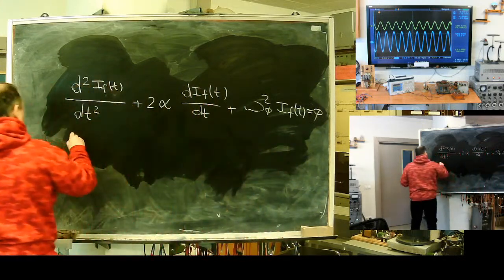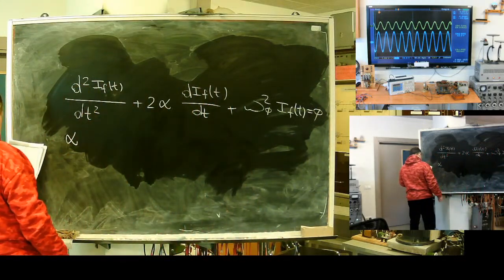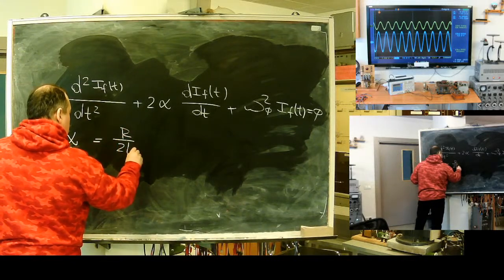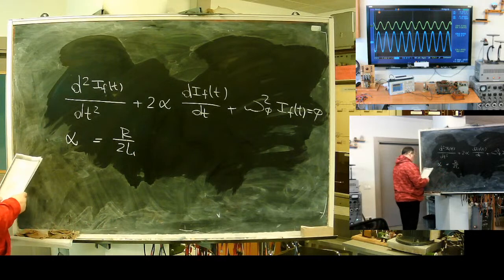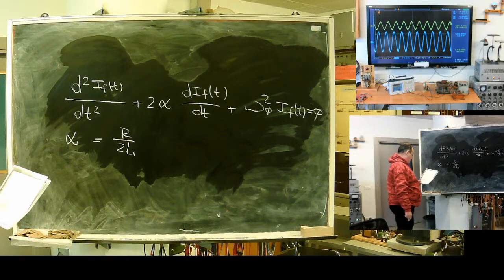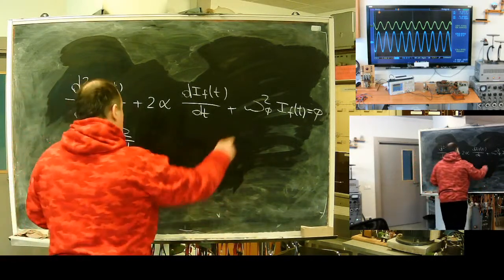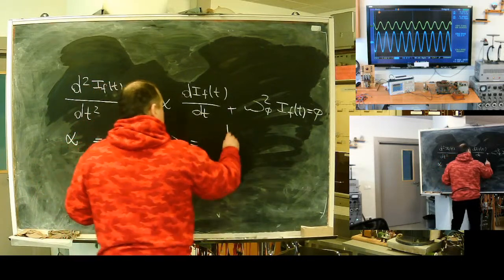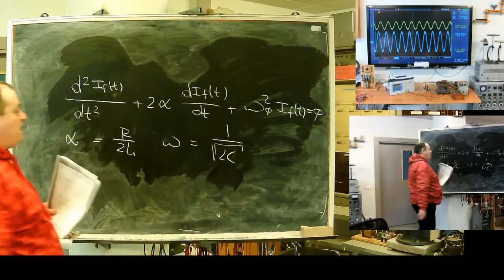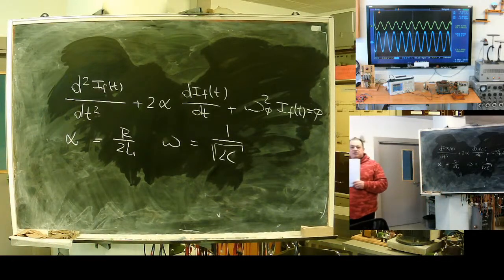Here, alpha being R divided by double L is a decrement factor, and omega 0 being 1 divided by square root of LC is a free oscillation frequency.